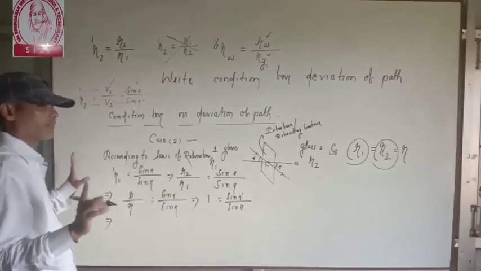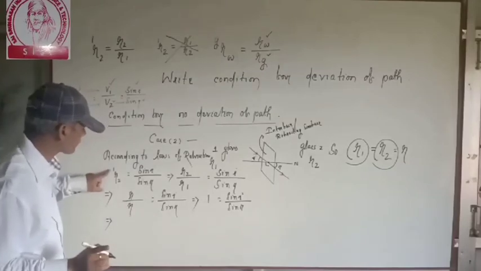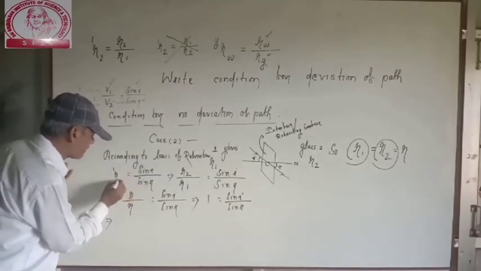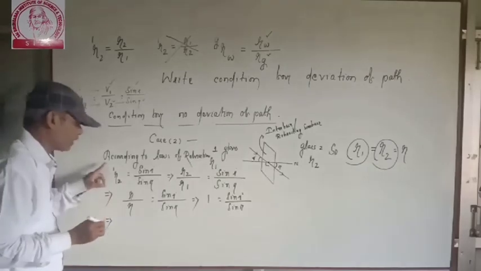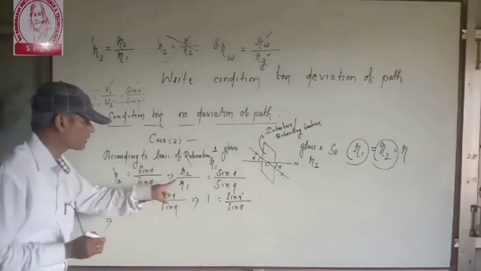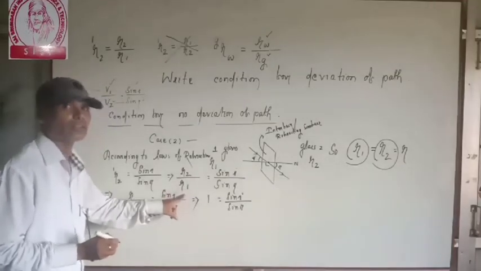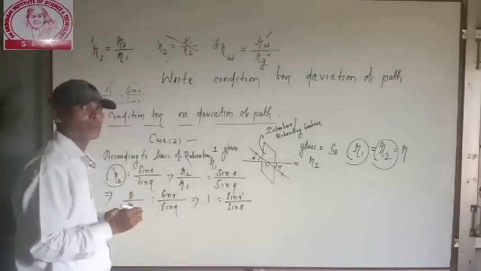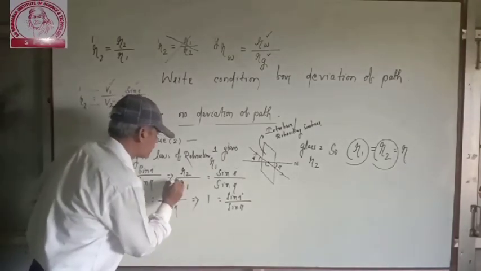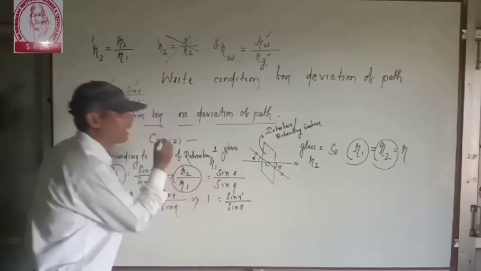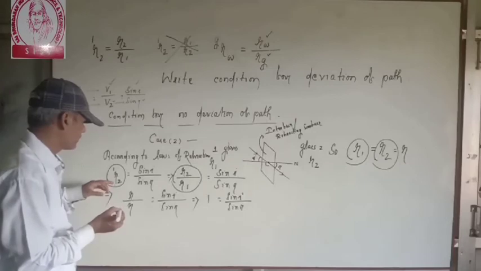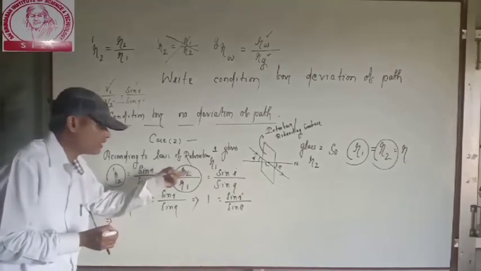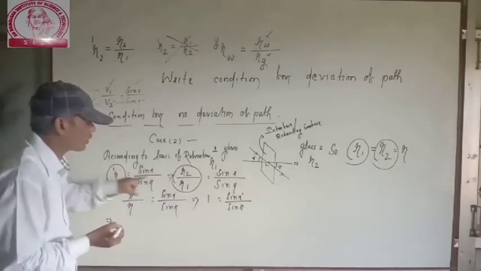But remember, once again I am telling you, 1 mu2 is the relative refractive index, no doubt, but 1 mu2 is not equal to mu1 by mu2. Wrong. 1 mu2 is equal to mu2 by mu1. Here you see, the 2 is up on top and the 1 is at the bottom.